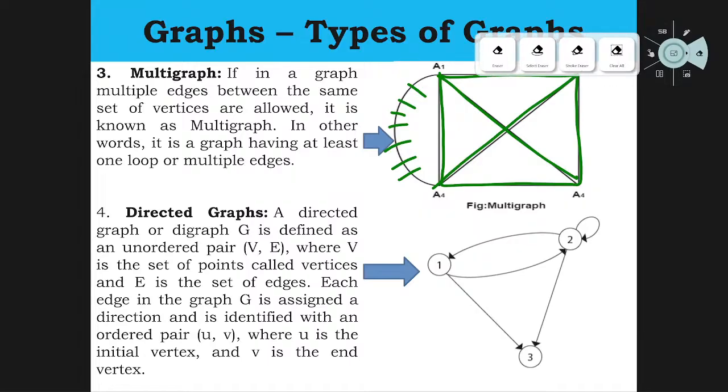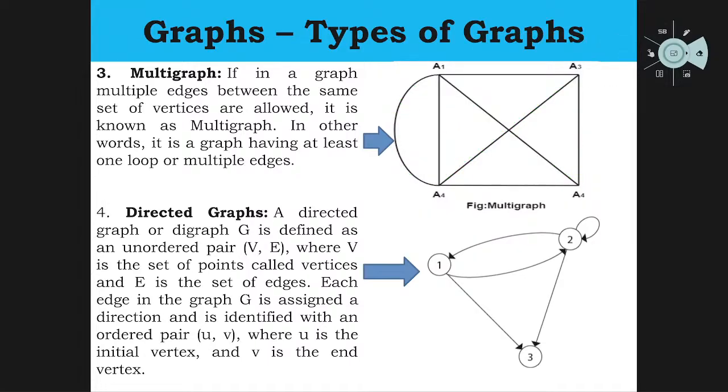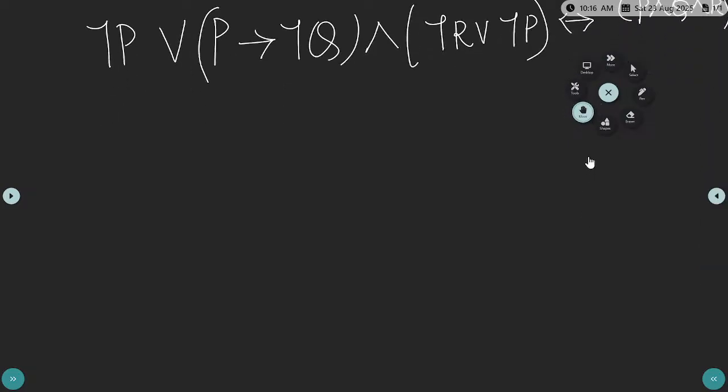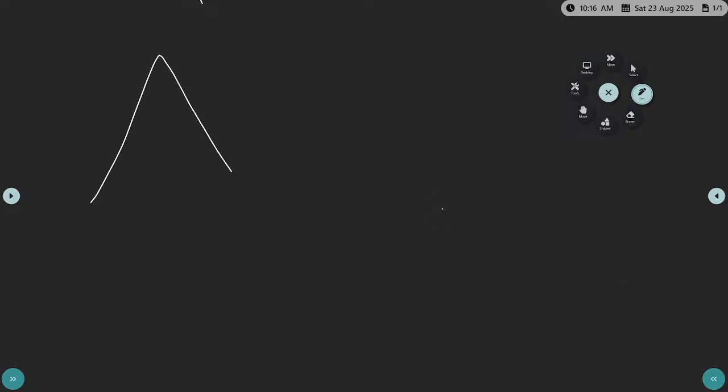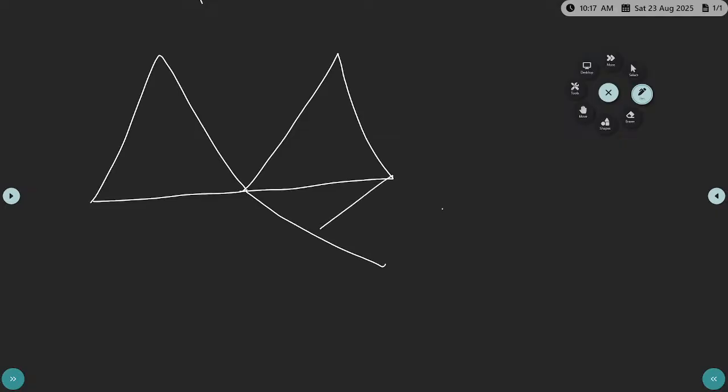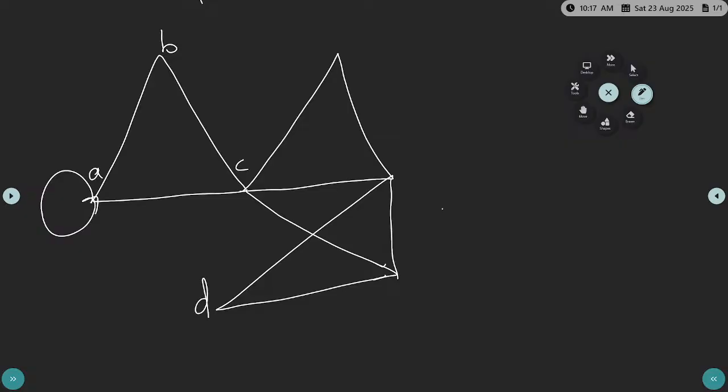Now take down one example. This is H. See, this is also one vertex.